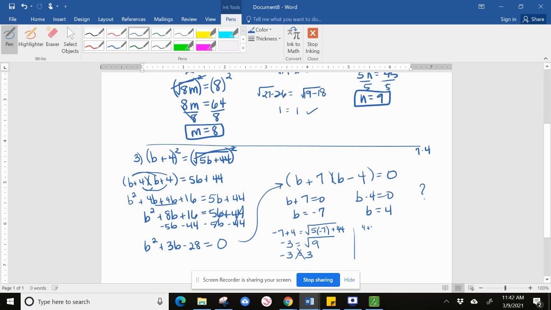Is 4 plus 4 the same as the square root of 5 times 4 plus 44? All right, well, let's see. That's a 16. This is a 20 plus 44. Oh, excuse me, that's not 16. That's an 8, Miss Brown. There we go. 64. Is 8 the same as 8? Absolutely. I almost messed up right there. I multiplied instead of added.